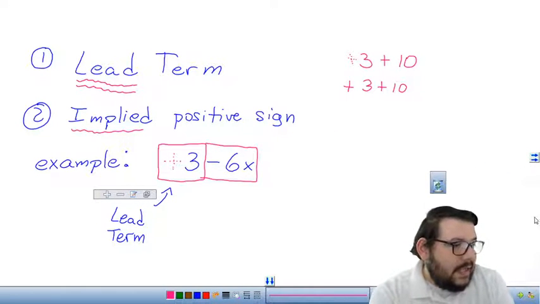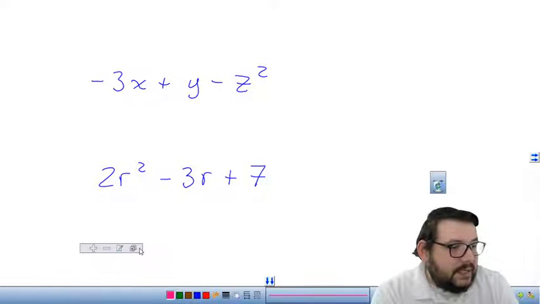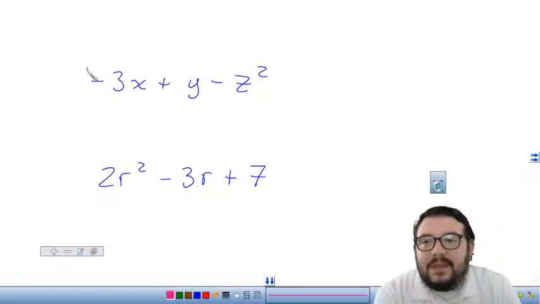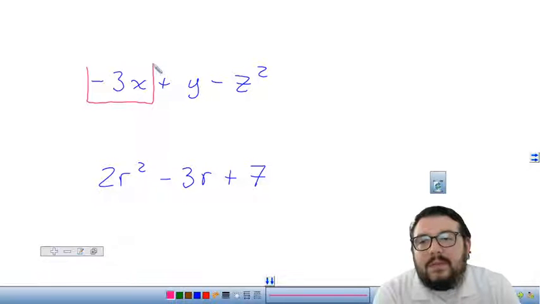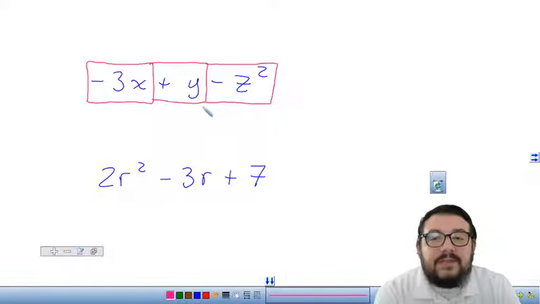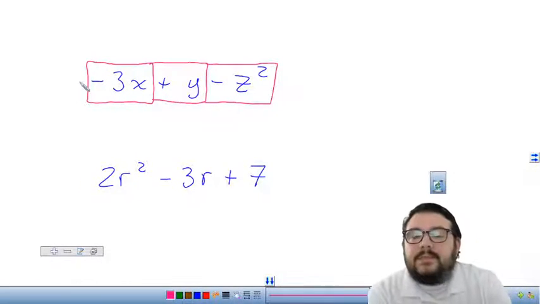Okay, so let's take a look at some examples. All right, so here are 2 examples, and we're going to try to find the lead term. This should be interesting. Okay, we're going to draw here. We see our plus sign, and we put a line up and go up. Now we start our new term. Now we start our next term. And again, if I'm going too fast for you, make sure you go back and watch that video about identifying terms.